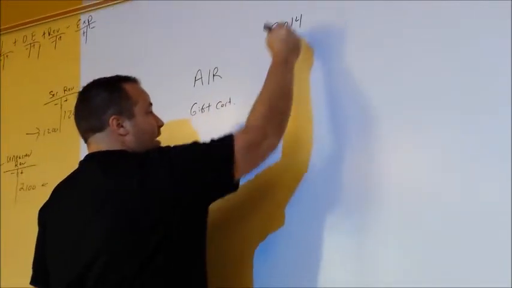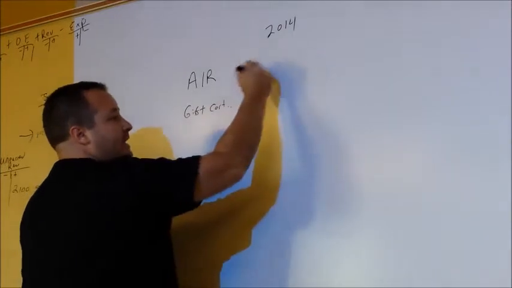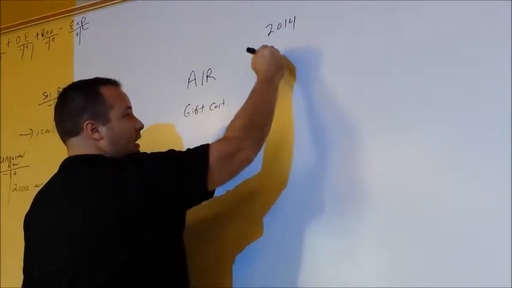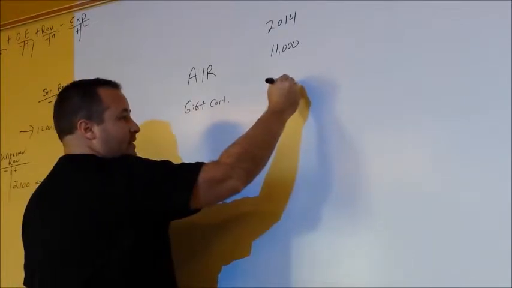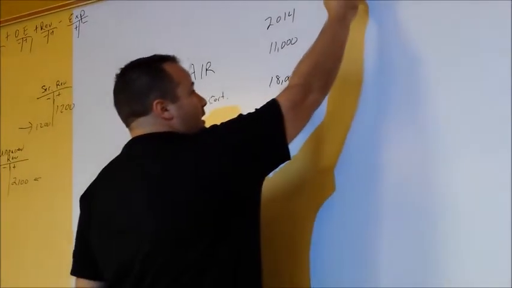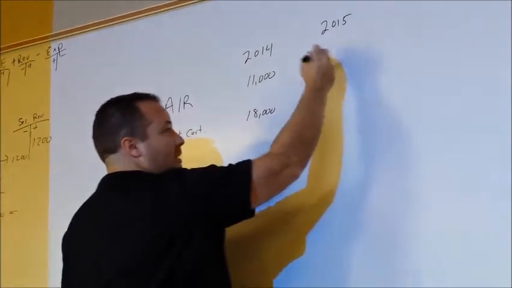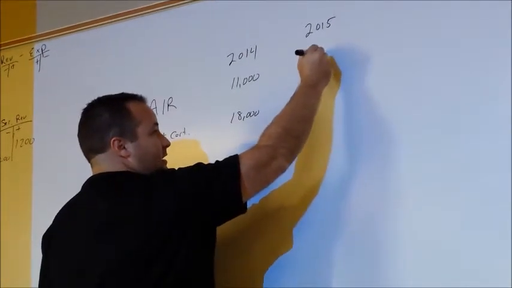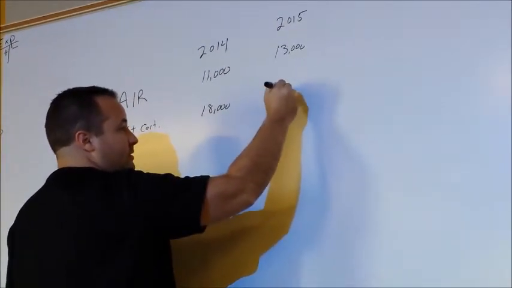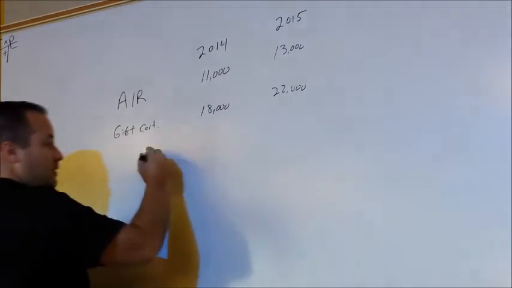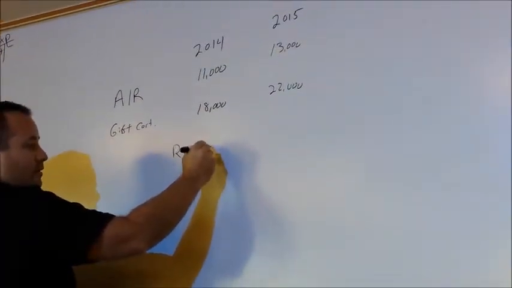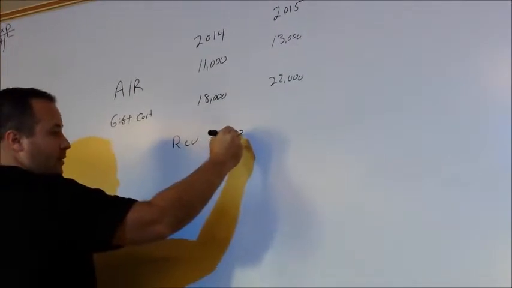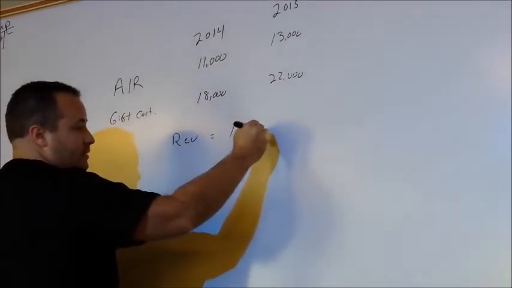And then they said AR at the end of 2014 had a balance of $11,000, and gift certificates had a balance of $18,000. And then in 2015, our balance was $13,000 and $22,000. And then finally they said revenue for the year equaled $136,000.